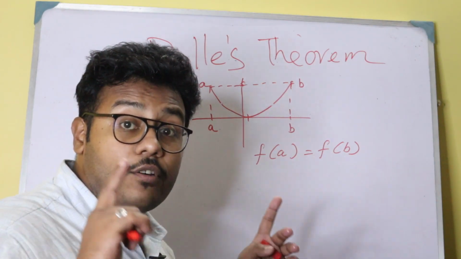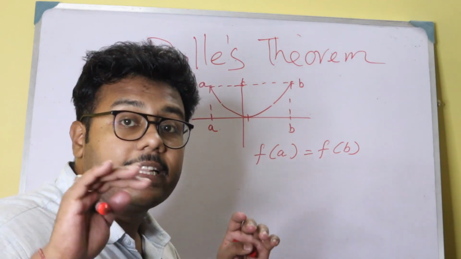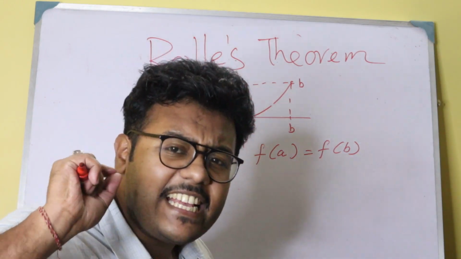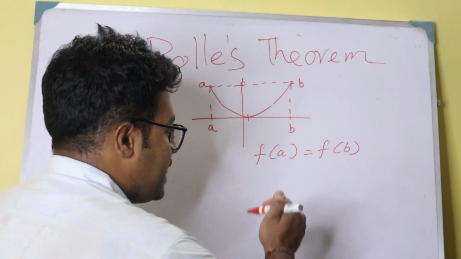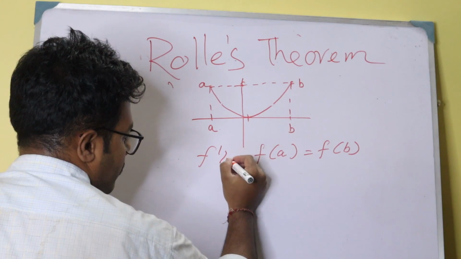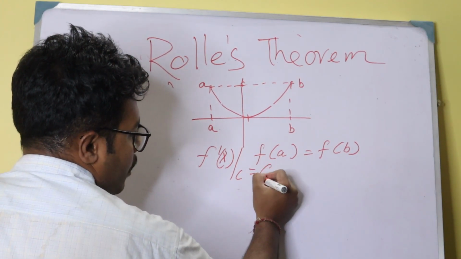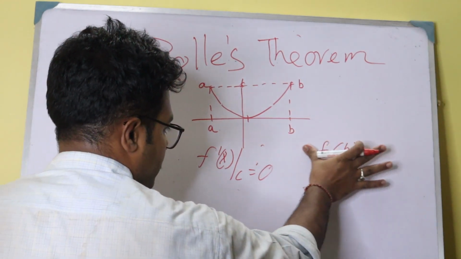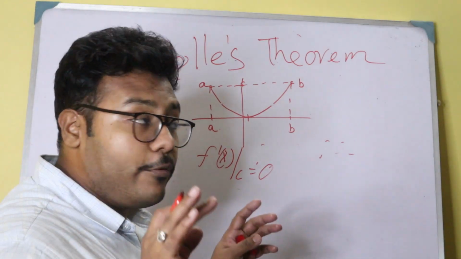So according to Rolle's theorem, if these three conditions are satisfied, then there will exist at least one point in this graph at which f'(x), at that point, say c, will be 0.